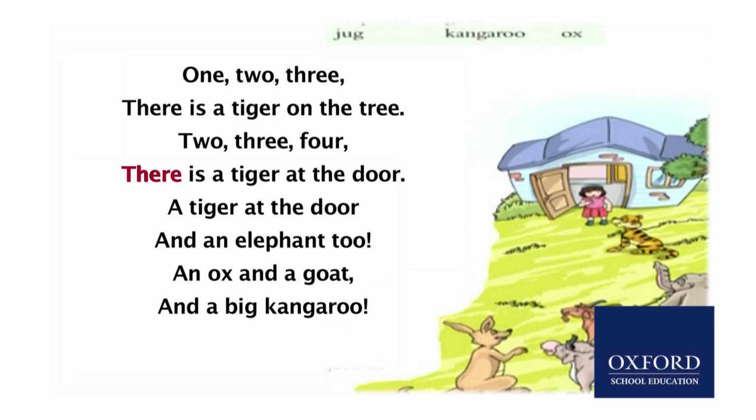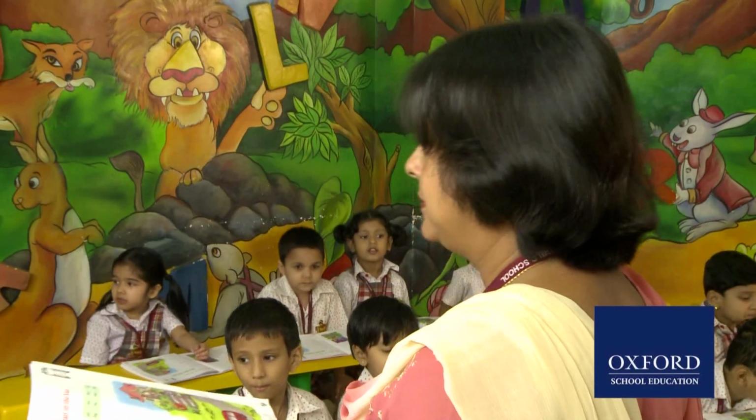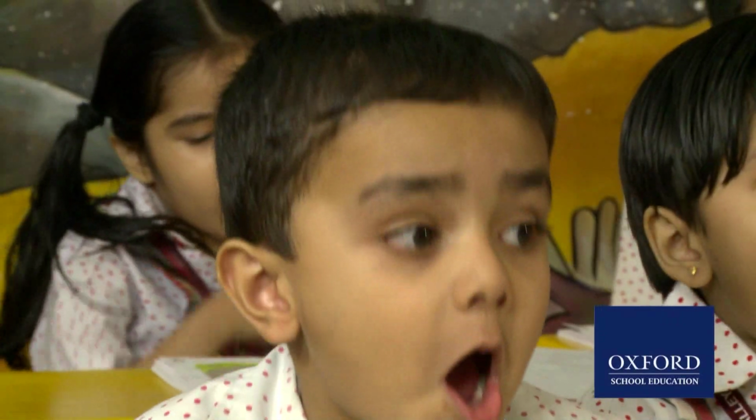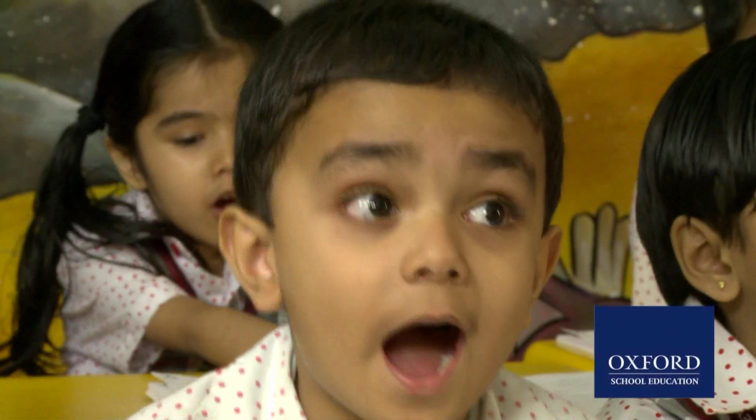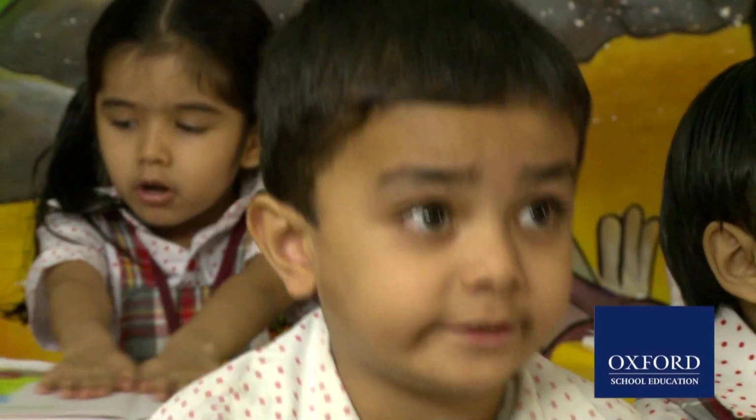There's a tiger at the door, and 3, 3. These sound clusters are all presented unconsciously to the children, and they are assimilating them while they are memorizing the rhyme. And this unconscious assimilation of language is exactly what happens when we learn our mother tongue.